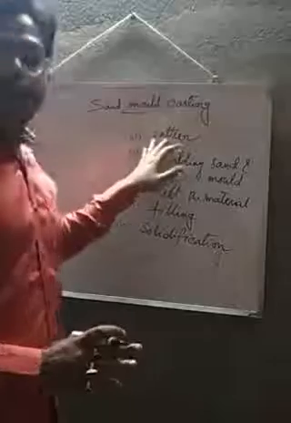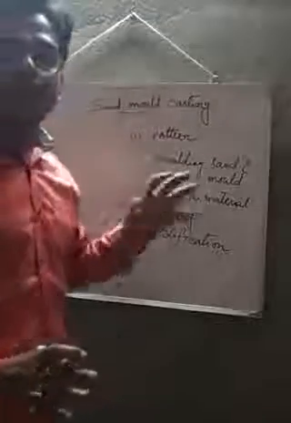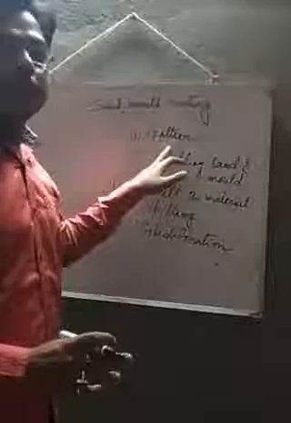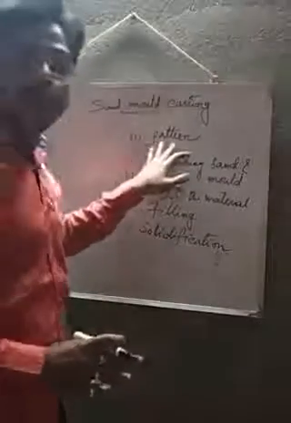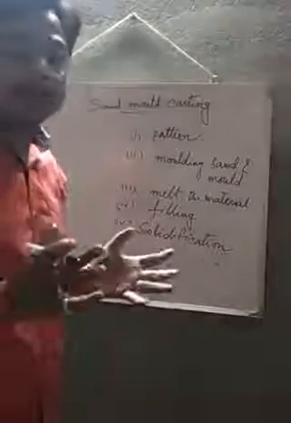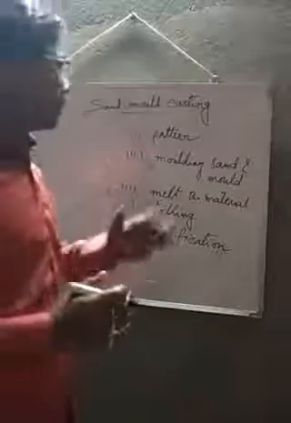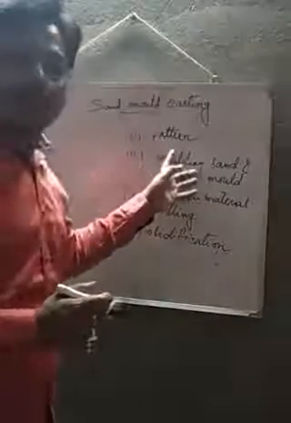You know that the pattern is the replica of the job, but the dimension is not exactly like the product dimension. There is a little bit of difference between the product dimension and the pattern dimension.